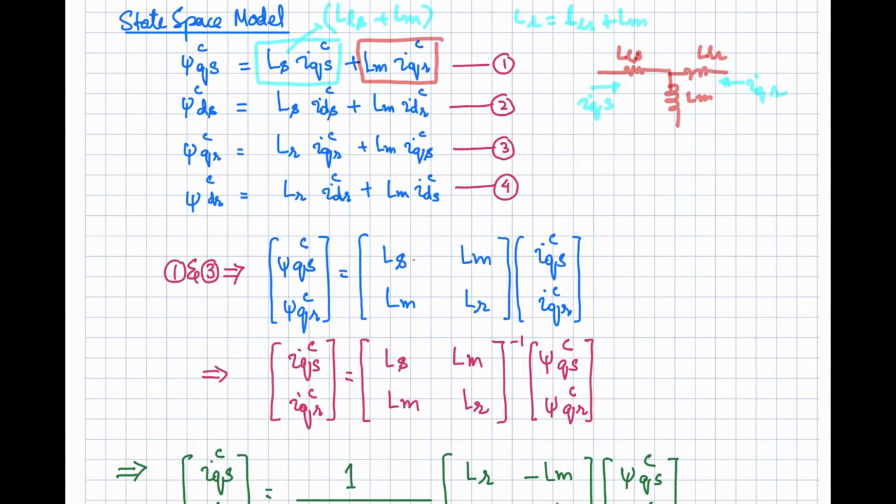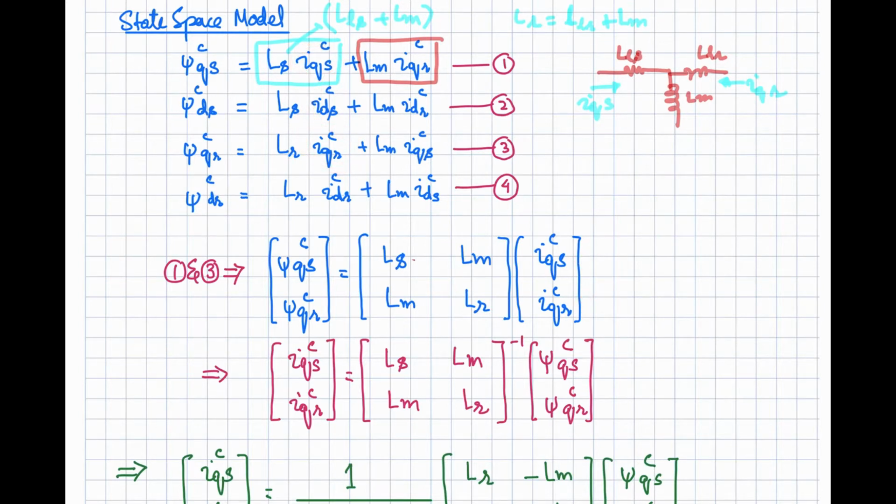Now from equations 1 and 3 you can write down this matrix equation. It is phi qs and phi qr, these two, which will be equal to Ls, Lm, Lr, Lm, these ones, into IQS and IQR.